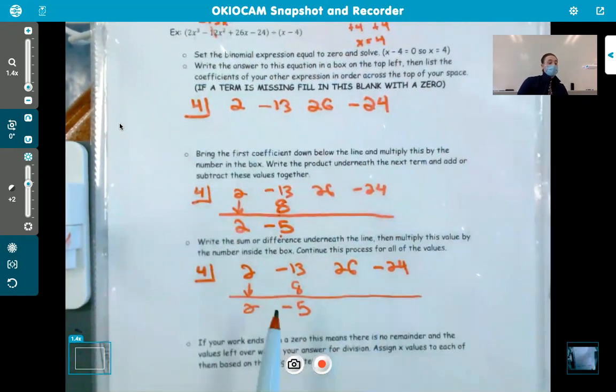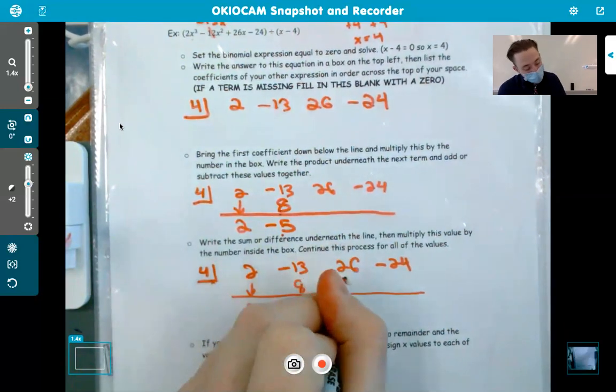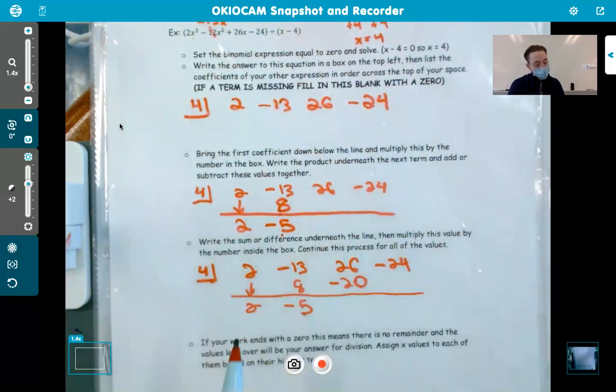Like I said, anything below that line, you're multiplying that number with the number inside the box. So I'm going to do negative 5 times 4, which is what? Negative 20. And then I'm going to add those two things together.